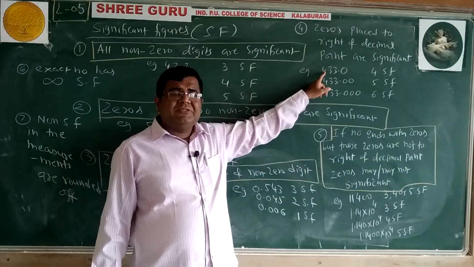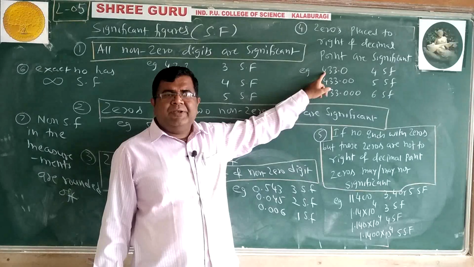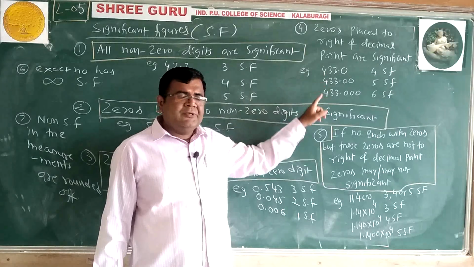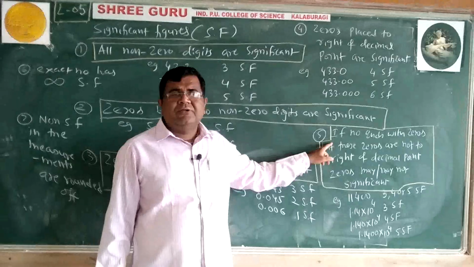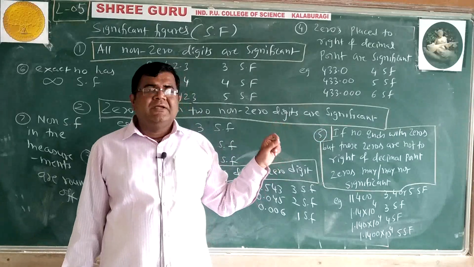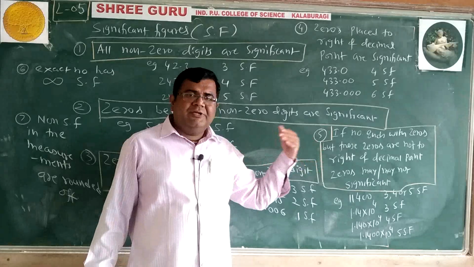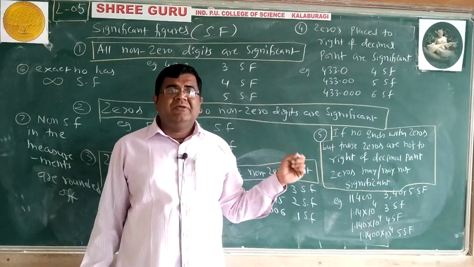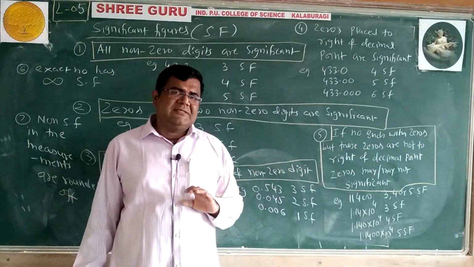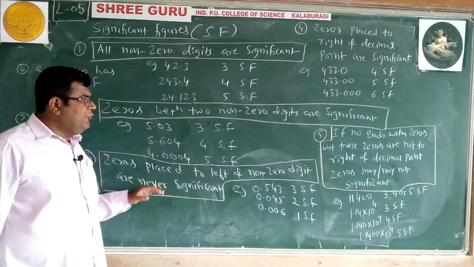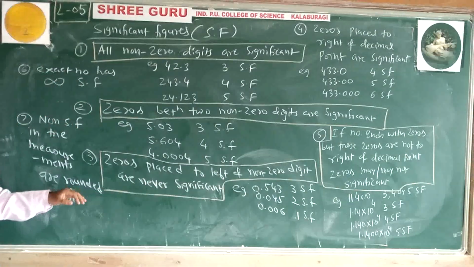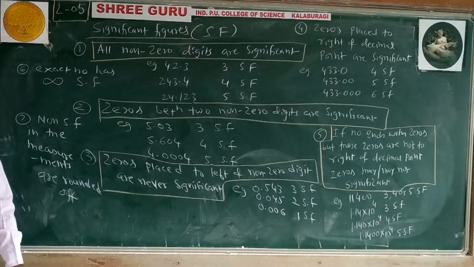The zeros placed to the right of the decimal point are significant. If a number ends with zeros placed to the right of the decimal point, then they may or may not be significant. So these are few, very important sentences. We can understand them only by solving some questions.